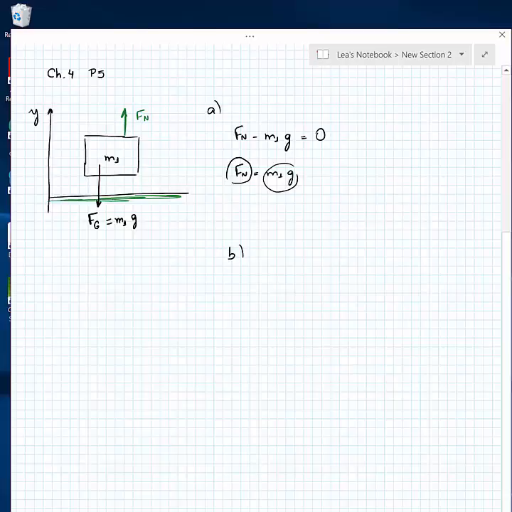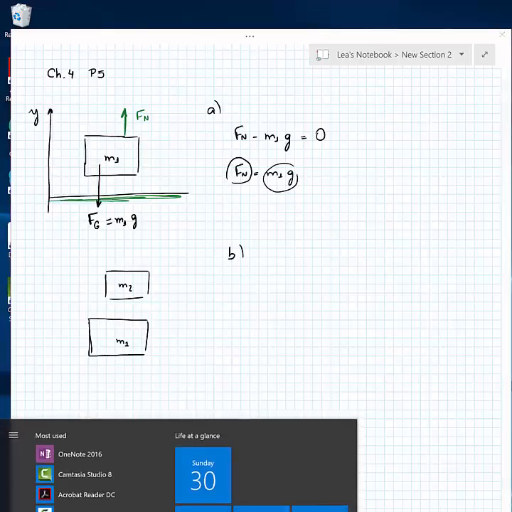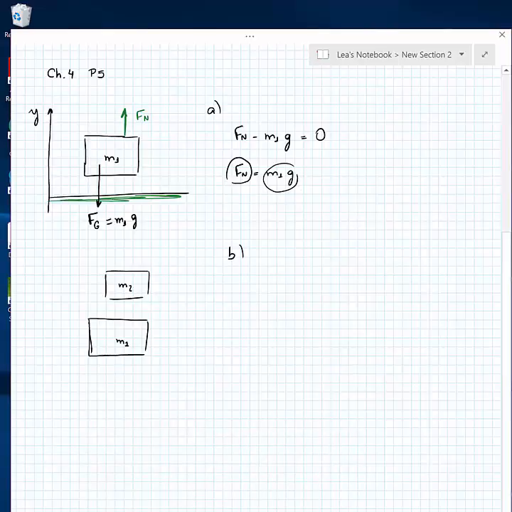What happens in part B is I still have that box m1 touching the table, but on top of this box we put another one of mass m2, which will be touching box m1. Again, we are going to draw all of the forces on each one of the boxes to solve the problem. What are the questions? First, what is the normal force that the table exerts on box m1?